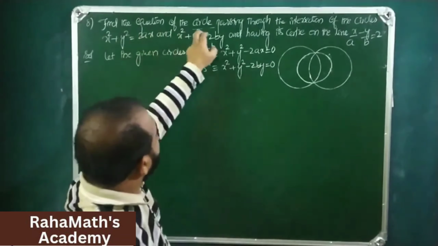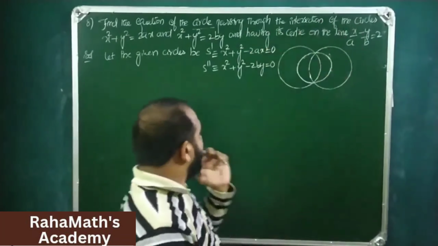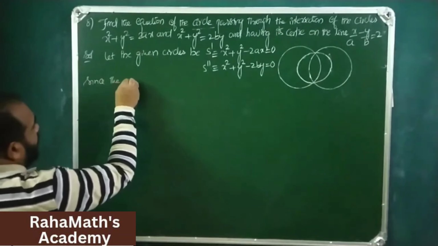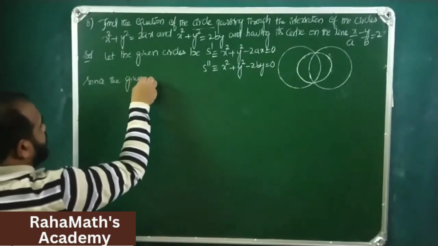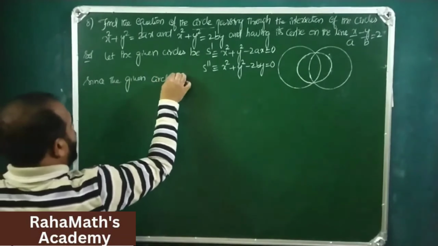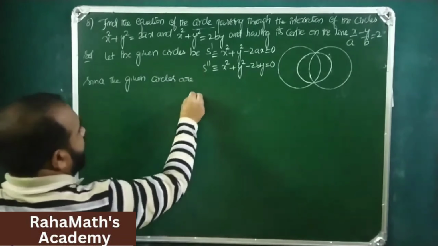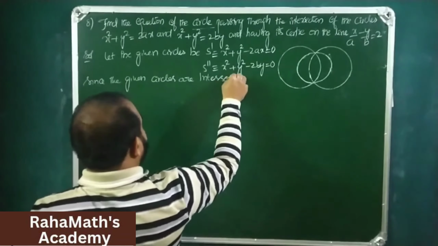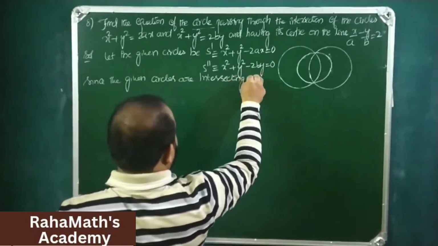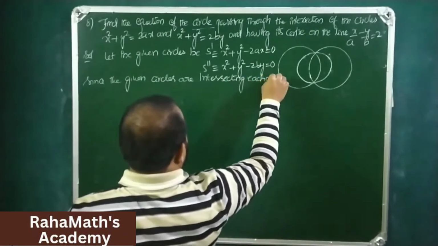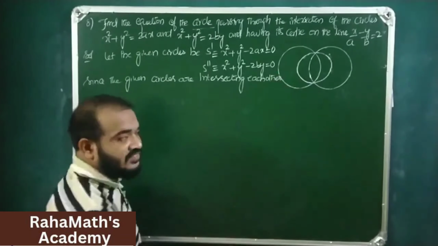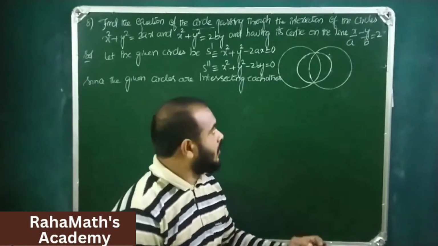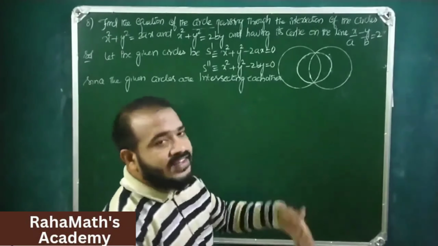So here the intersection of the circles, since the given circles are intersecting each other, for two intersecting circles, the line is a common chord.